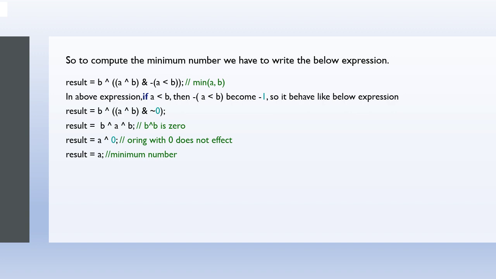Computing the maximum number will be similar. Here for the minimum number we used b ^ ((a ^ b) & -(a < b)), but for max it's reversed: a ^ ((a ^ b) & -(a < b)), for max a, b.